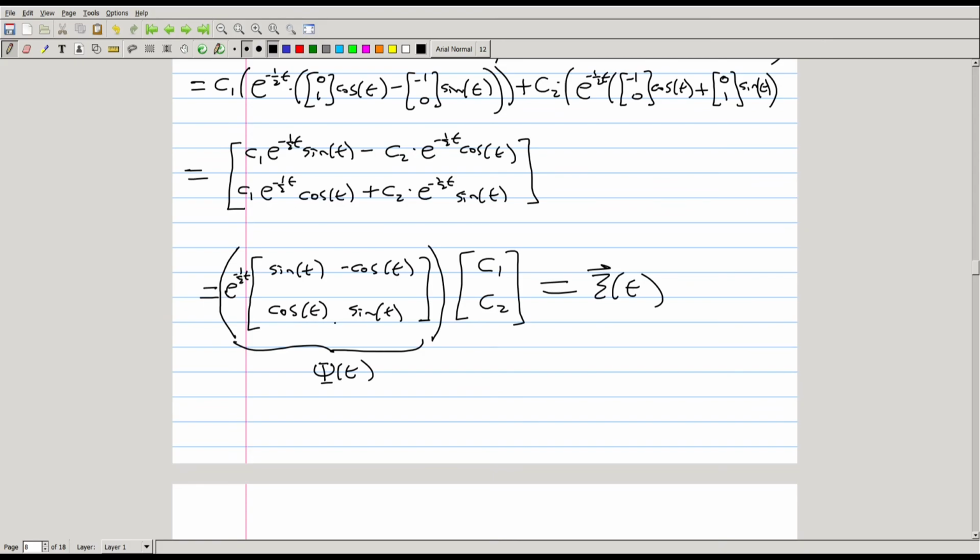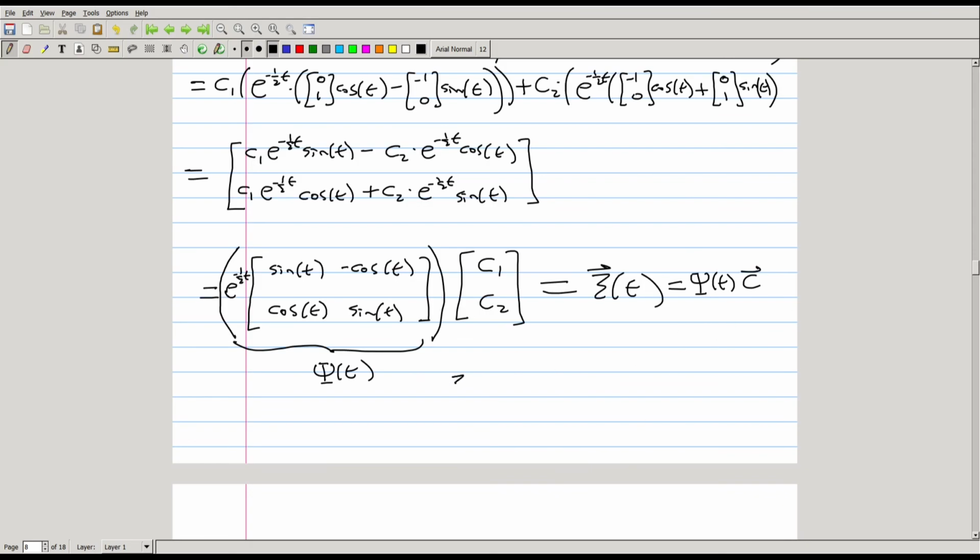So all in all, this is very neat. This also allows us to immediately set up an equation for both c1 and c2 in terms of the initial condition for the problem. Specifically, this equation is xi of t equal to phi of t, the fundamental solution matrix, times c.